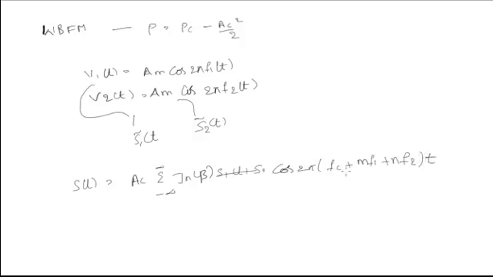Since we consider two different frequencies, f1 and f2, m and n are two integers. So finally here we are going to have cross modulation terms, because if m is 0, you are going to have fc plus n f2. If n is 0, you are going to have fc plus m f1.